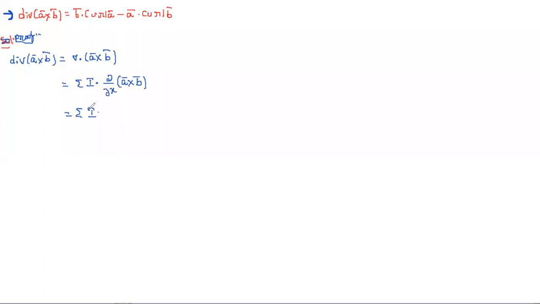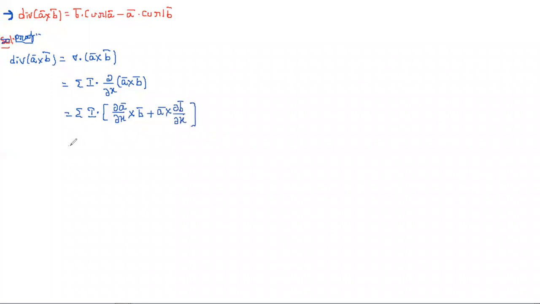Again we need to apply the formula now. So dou by dou x of this. When we discussed the properties of vector differentiation, there we said dou A bar by dou x cross B bar plus A bar cross dou B bar by dou x.